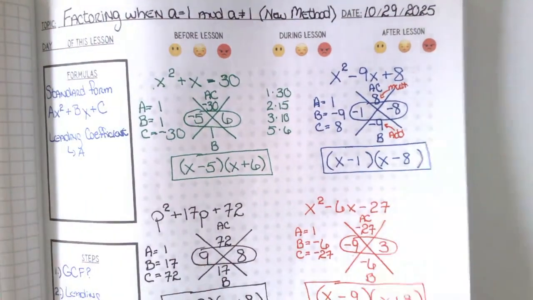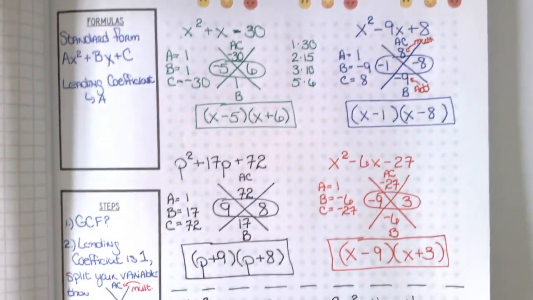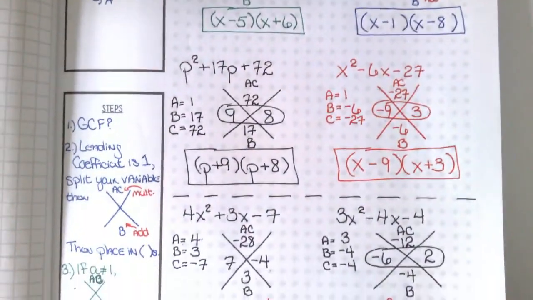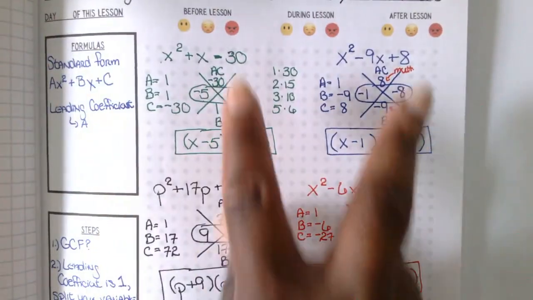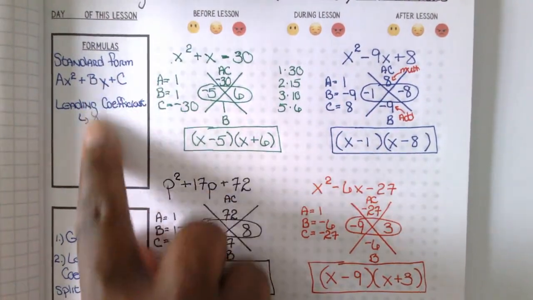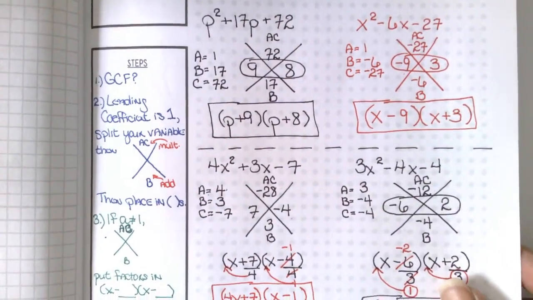So with all the books, this is one of the things I like with factoring, which we're going to do some more factoring later on today. It gives you not only a place to practice, it gives you your formula, and a place to write your steps.